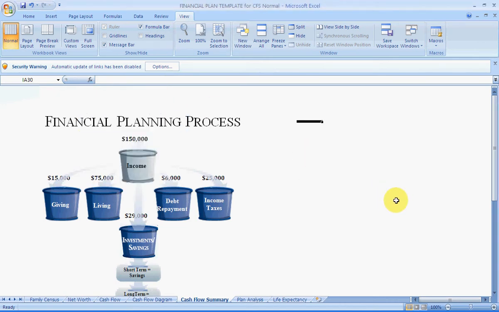So now that we understand the purpose of a cash flow management system, we need to implement the principles that are going to allow us to accomplish that purpose.